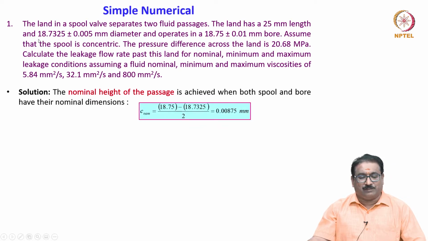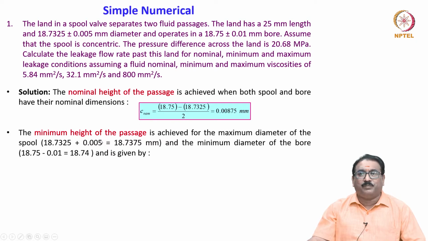You will take directly the bore is 18.75, spool is 18.7325, divided by 2 is a nominal height or a clearance when I am considering the nominal dimensions. This is given by 0.00875 mm.